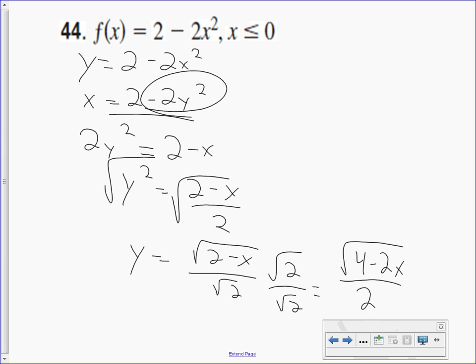What I did is I just added the 2y squared over here and subtracted the x. If you go the other route, you'd have to divide out by the negative 2. You're still going to get the same result. You'd have to distribute out all your negatives, and then you'd have to rewrite to be able to do your radical over here. I just saw that I had a negative y squared, and I wanted to make it positive before I did anything else. It just makes it easier later. That's all. You'll still get the same result, or you should.